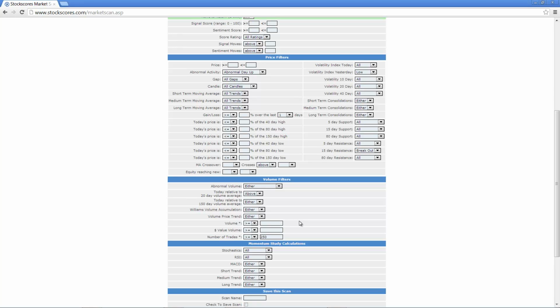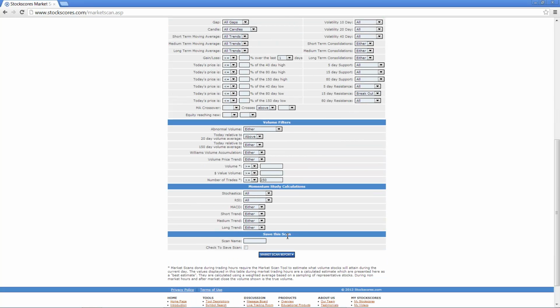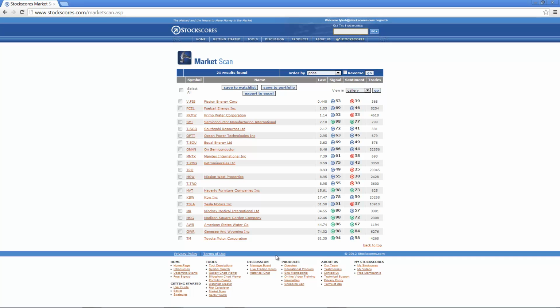It's going to go through this huge database of every stock that trades in North America and look for these filters. Well, if I run that now, I get a list of all the stocks that met the criteria of that strategy. But of course, we still want to view these stocks. So to view them, I simply click on Select All, and I can either view in a gallery or a slideshow.